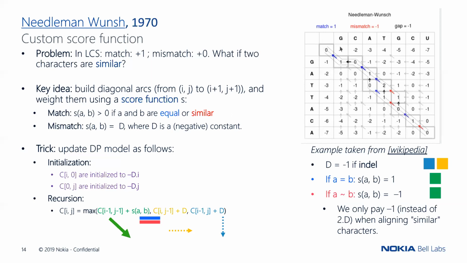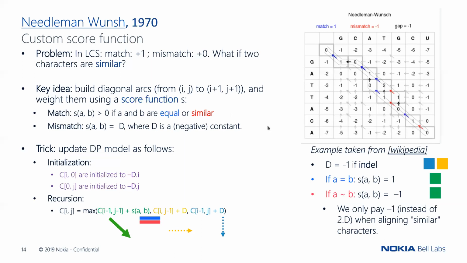And similarly for this row, you will pay proportionally, sorry, J times the cost D. And it will initialize the recursion.